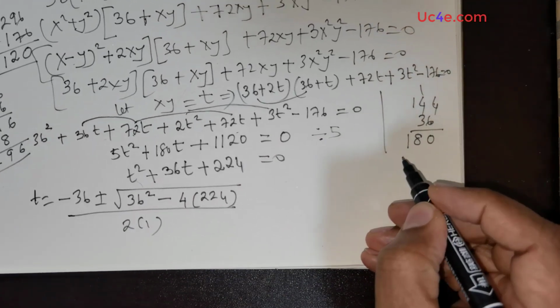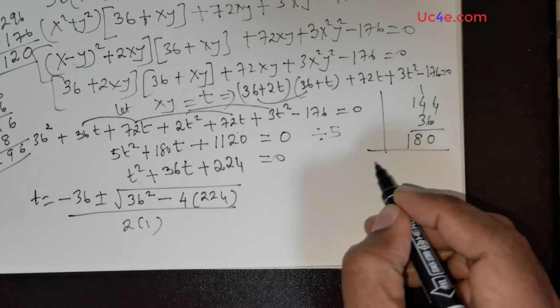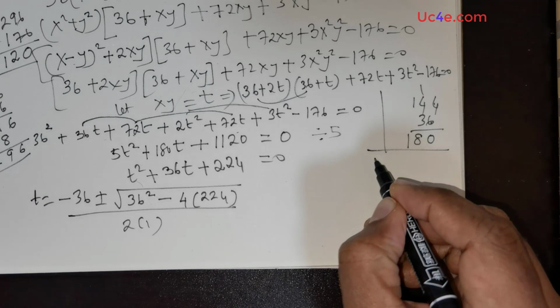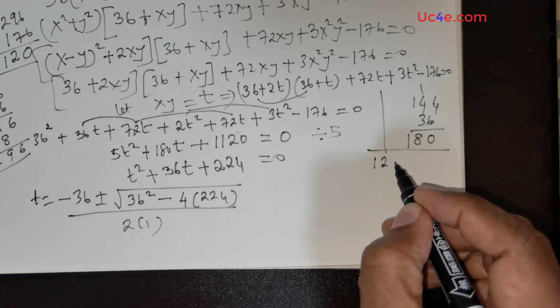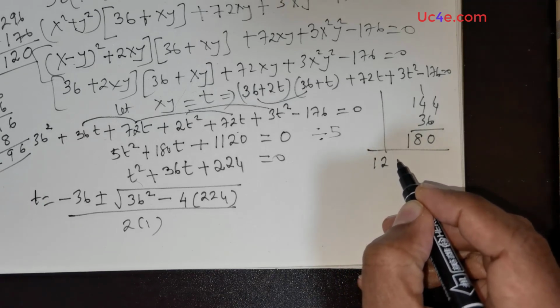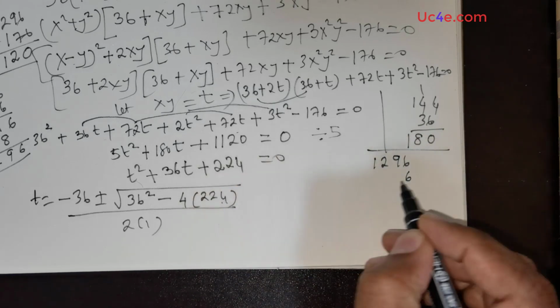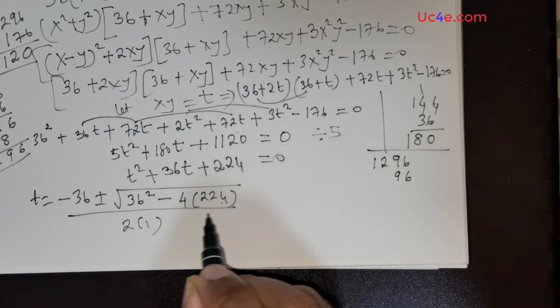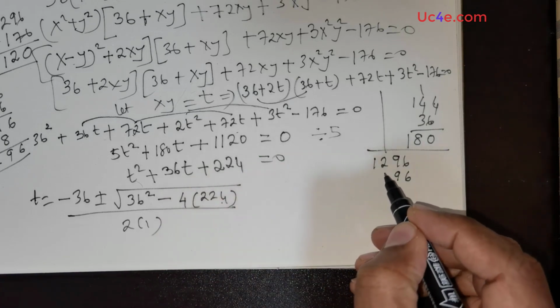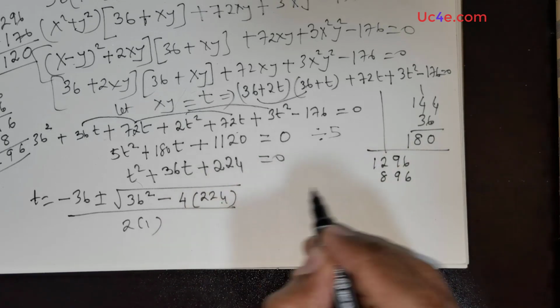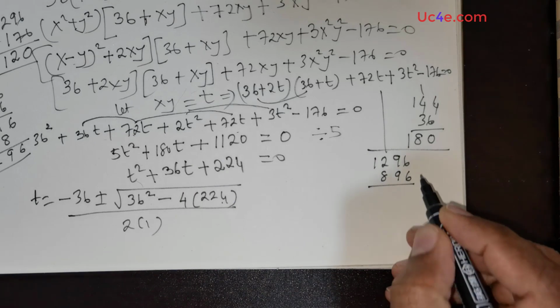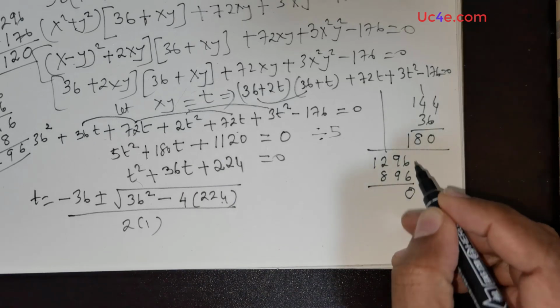So we need to do some arithmetic here. 36 squared, we already know 36 squared is 1296. Now 4 times 224 is 896.